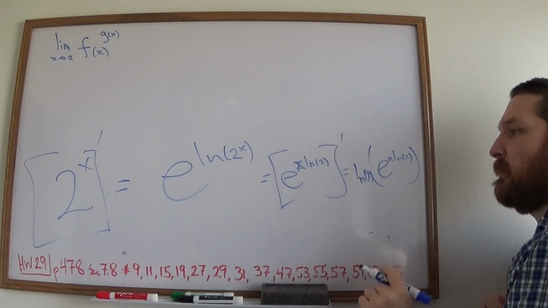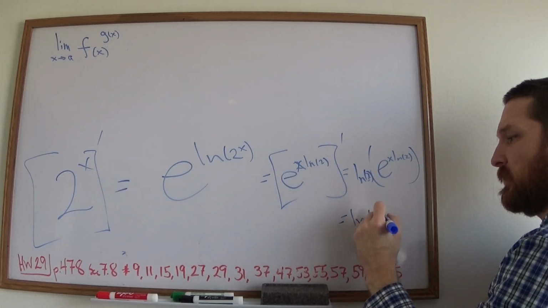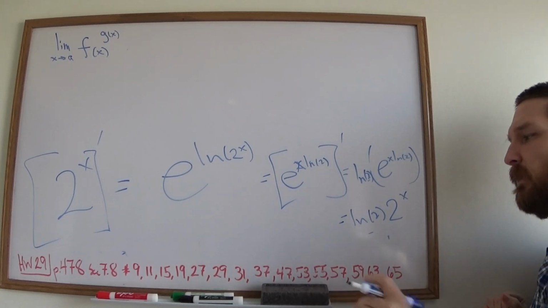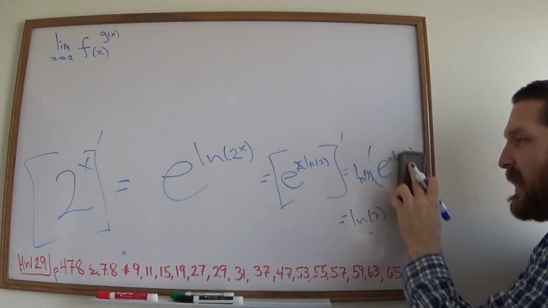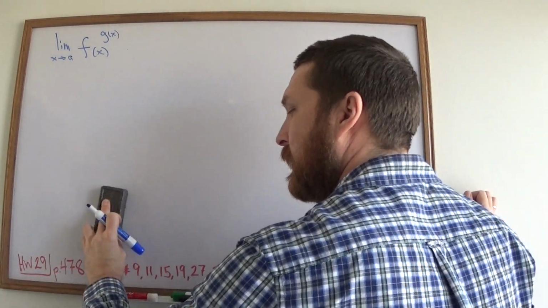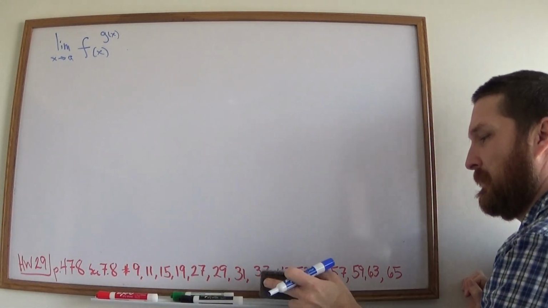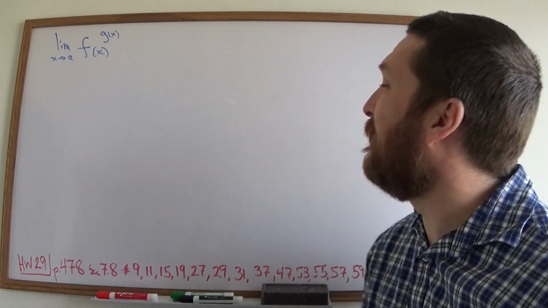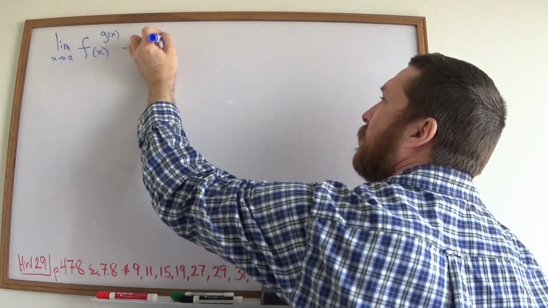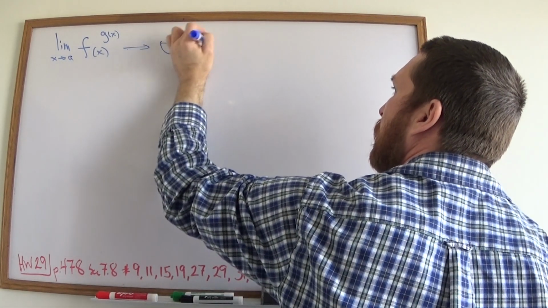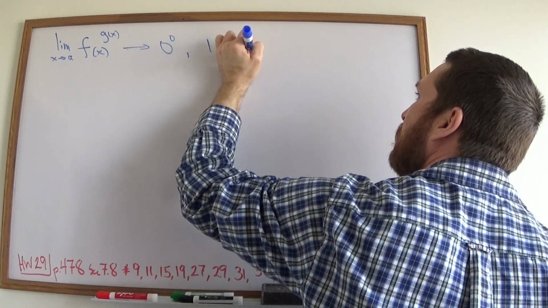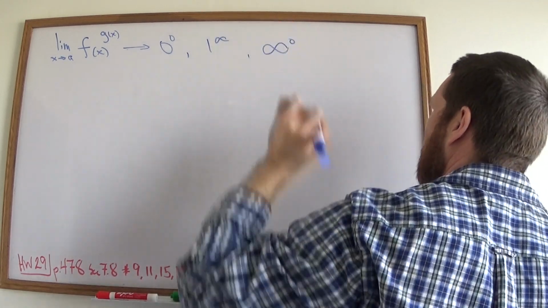Log 2 comes out. And so this is just log 2 times 2 to the x. What do you even call it? It's not raising it, you're like lowering it to the e. I don't know. Again, I don't want to forget, this works for 0 to the 0, or 1 to the infinity, or infinity to the 0.